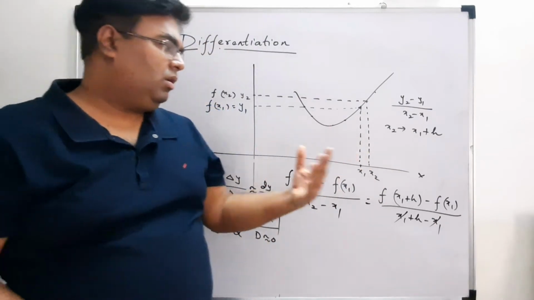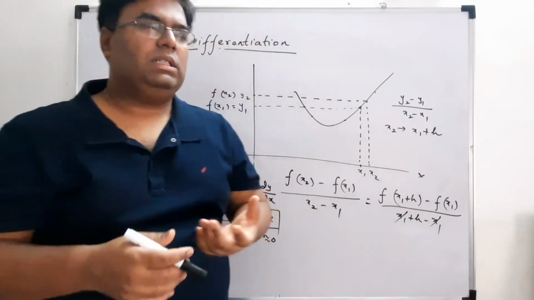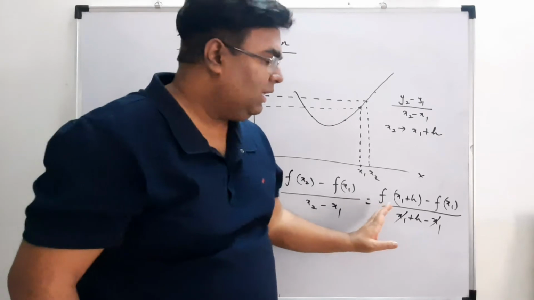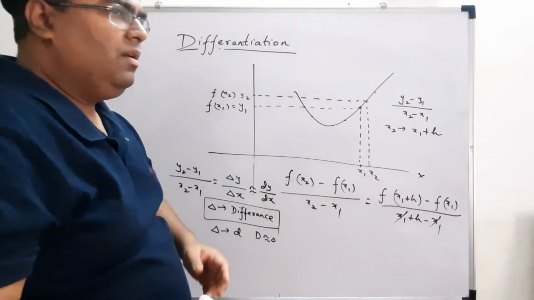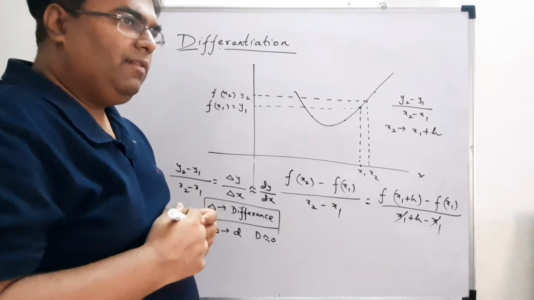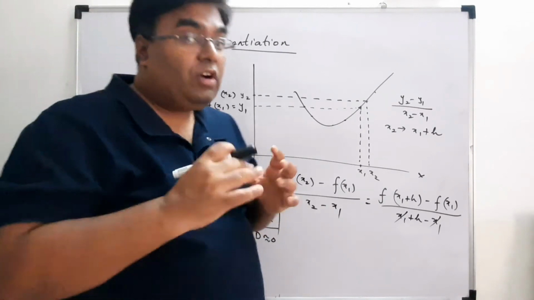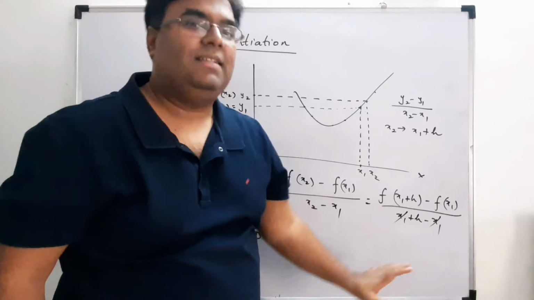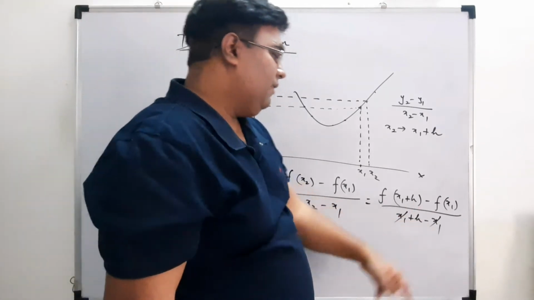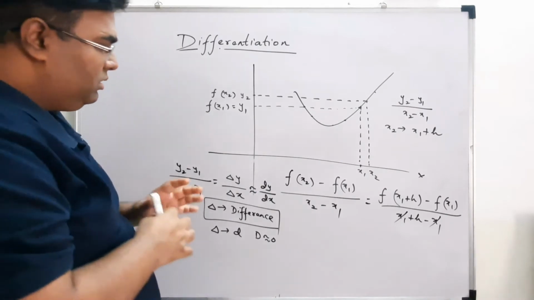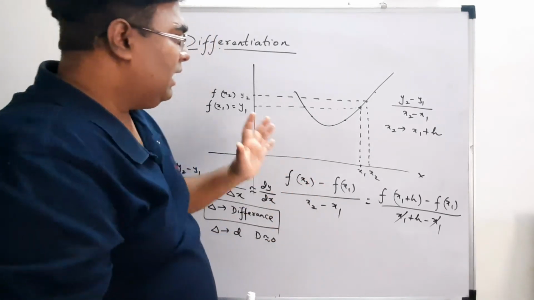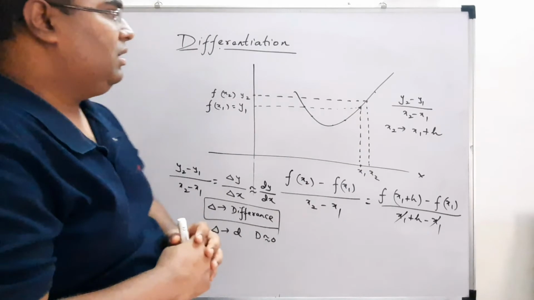So either you find RHD or LHD, nothing matters. We are finding RHD because we are very comfortable with the positive signs. So this is the formula for differentiation and the geometrical meaning of differentiation.